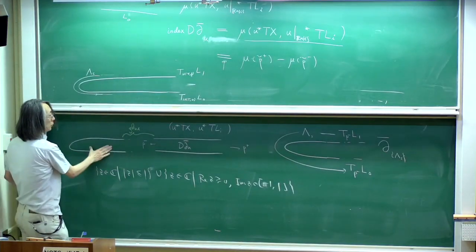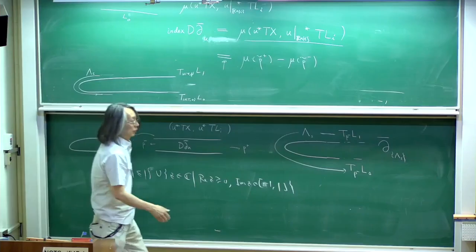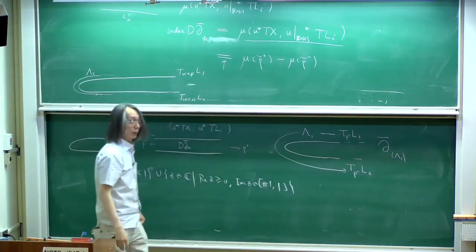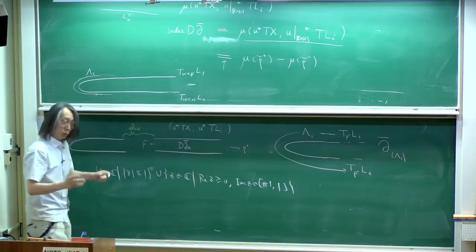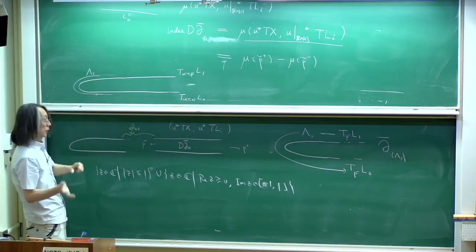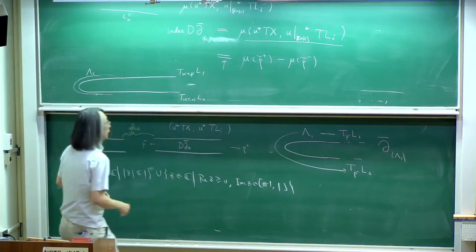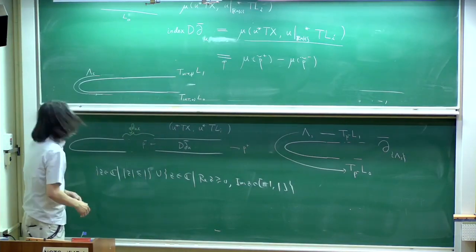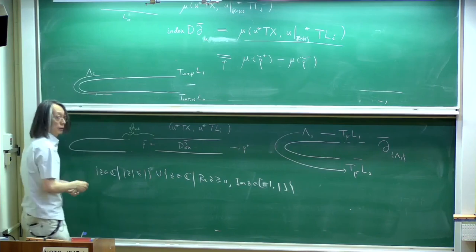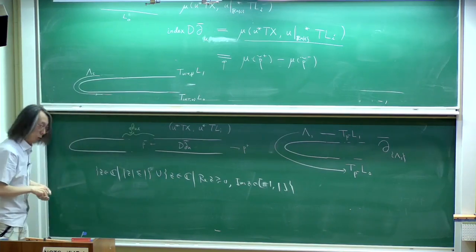So here I have some operator just giving this boundary condition, and here it is coming from the geometry, pulling back everything. But anyway, you have such an operator, and then on the domain, I just glue them together, and we can still make a certain differential operator.